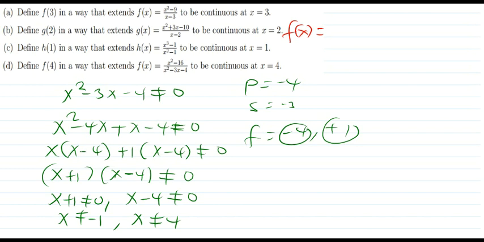So for x squared minus 16 divided by x squared minus 3x minus 4, the condition is that this x should not be equal to negative 1, and x should not be equal to 4.